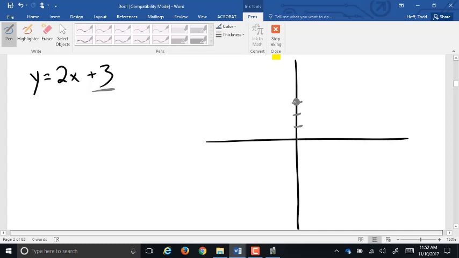To find the second point, as you said earlier, we only need 2 points to draw a line. To find our second point, we're going to use the slope. The 2, we're going to make it 2 over 1. So how far do we rise? 2. So from this starting point, we rise 1, 2, and we run 1 right there. That's our second point. So our line goes through those 2 points.